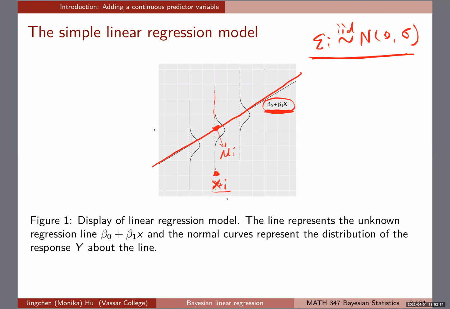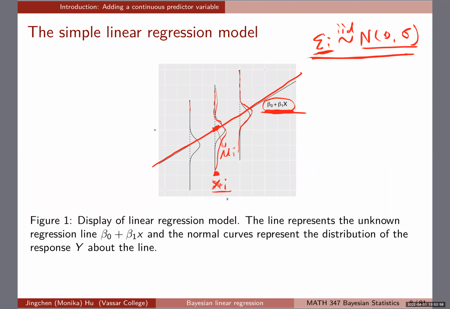So visually, what the linear regression model is really doing is that the regression line expresses only the mean, the middle point. But the observations for a particular xi are going to be roughly around this mean value, and the error term follows a normal distribution. That's why you see these three curves going on over here.